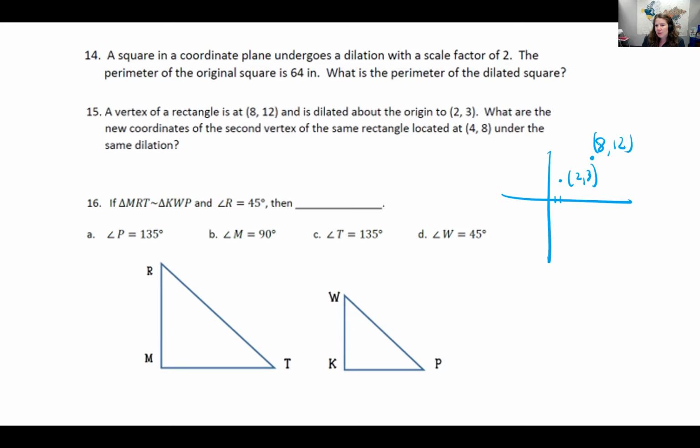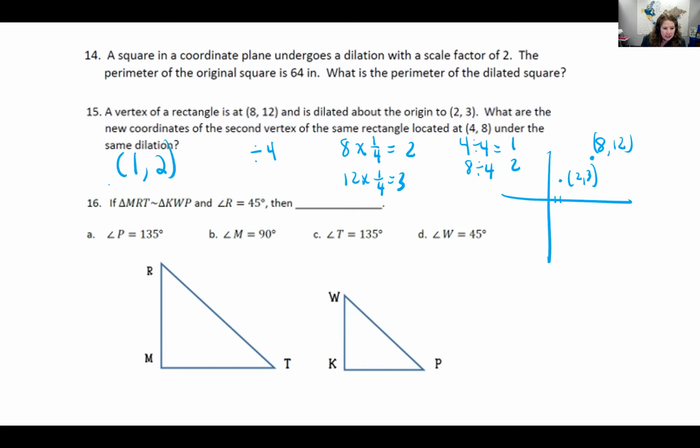So what's the comparison of these numbers? 8 to 2, 12 decreased to 3. So what happened? You could say we divided by 4, right? Another way of saying we divided by 4 is we multiplied by 1/4. So 8 times a 4th is 2, 12 times a 4th is 3. So what if we divide 4 by 4 and 8 by 4? So the new coordinates would be 1, 2.